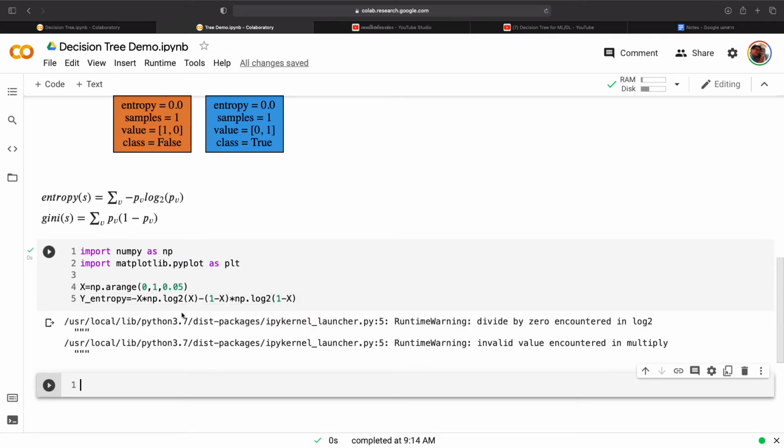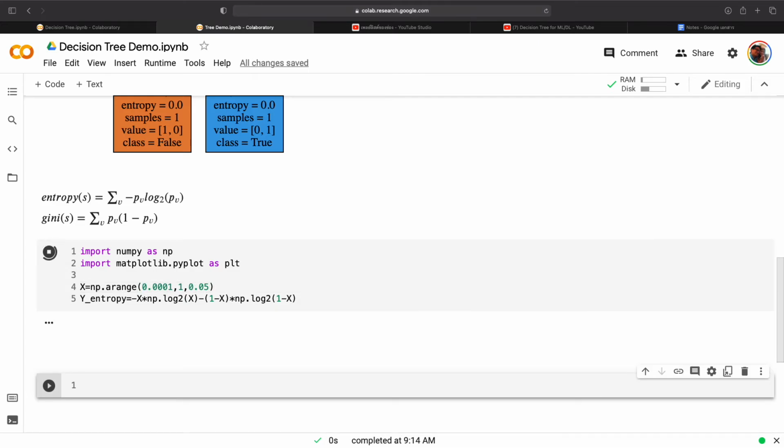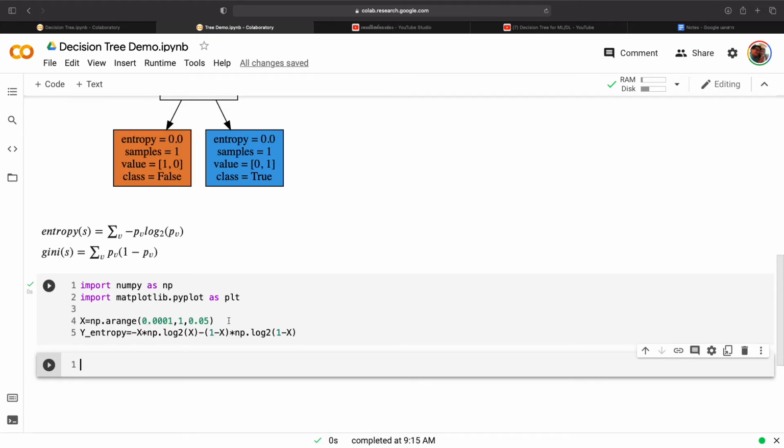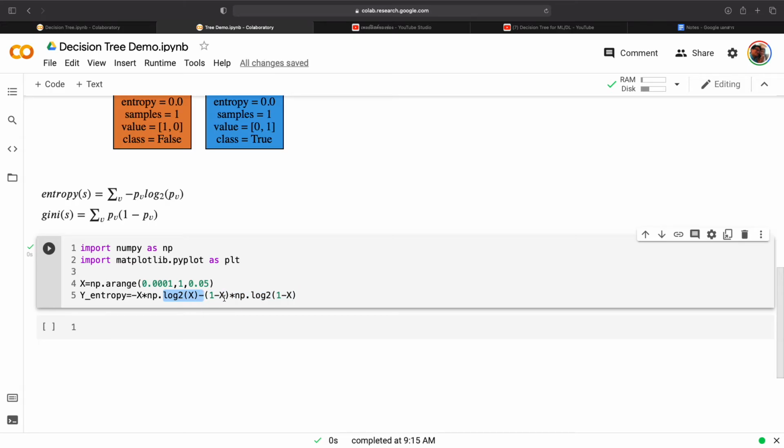We can check it, and there is sometimes a warning because the log of 0 cannot be computed. So if you don't want to be warned, I will slightly change it to start from 0.001 instead.